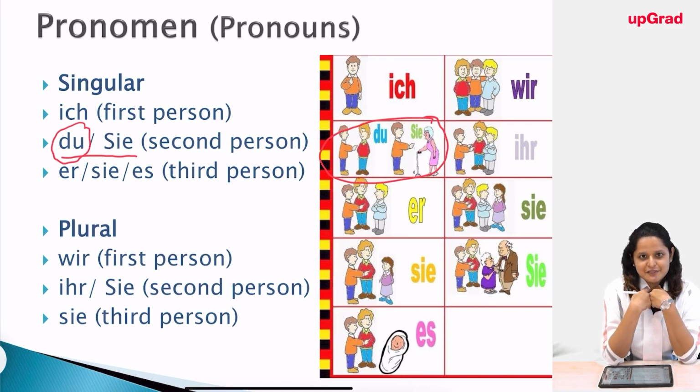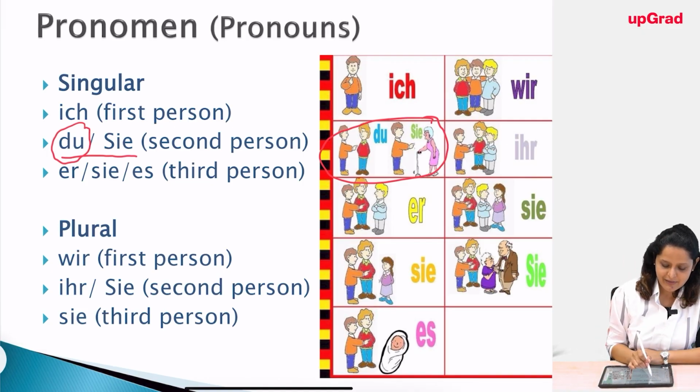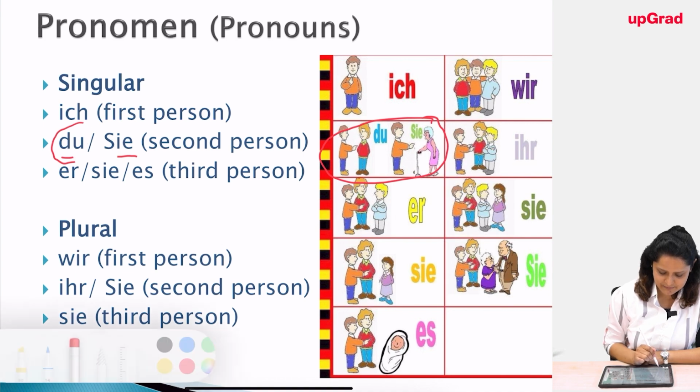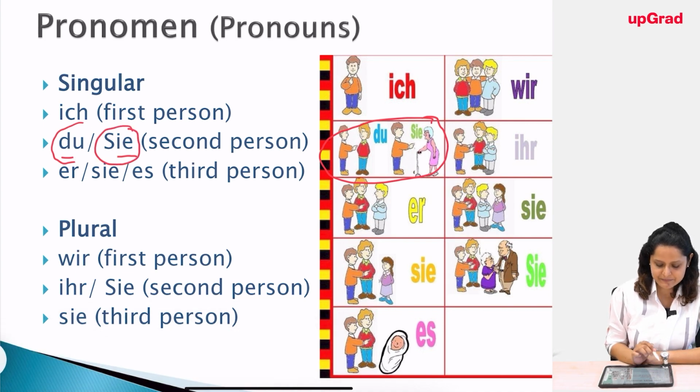I am the first person, and this person sitting in front of me is the second person, but I need to remember, this is my boss. So when I address my second person formally, I address them as Sie. So informal is du, formal is Sie.